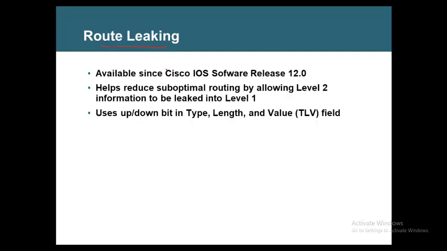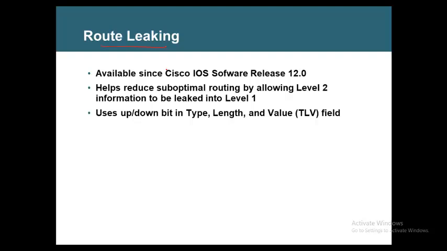I still want to see other area routes, but I do not want to change to L2 or L1 L2. I still want to continue as L1, and at the same time I also want to see other area routes. In such a situation you can leak routes. How to do it, I'll show you in the next class. It's a simple redistribution only.